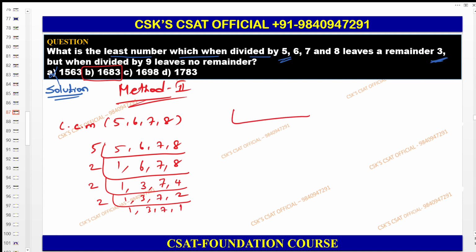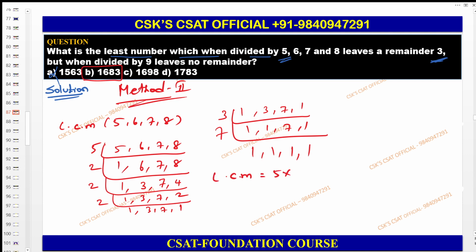Now 3: 1, 1, 7, 1. Then 7: 1, 1, 1, 1. You continue until you get all 1s. Then the LCM is all these values multiplied: 5 into 2 into 2 into 2 into 3 into 7. Here 10, 10 into 4 is 40, 40 into 3 is 120, 120 into 7 is 840. So 840 is the LCM.